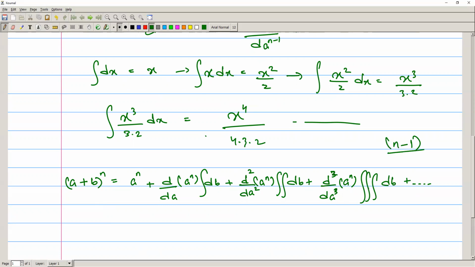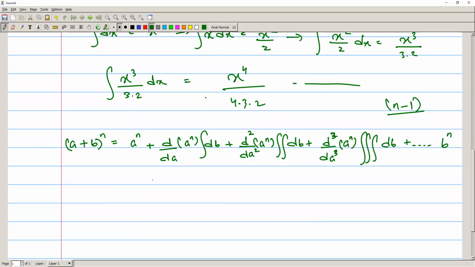So these derivatives and integrals are till n minus 1, and then we will again get b to the power n at the end, right? So this is the idea of a new way of thinking for binomial expansion or the binomial theorem.